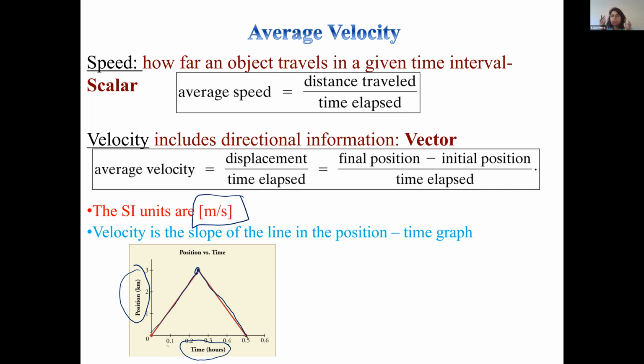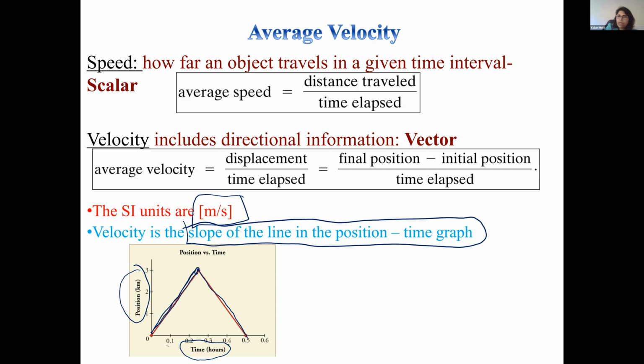But velocity is the rate of change of displacement. What that means is it will be the slope of the position as a function of time graph. So now the slope on the left side, you see here, uphill, that will be a positive slope, and this is downhill, that will be a negative slope, but they are constant, right?